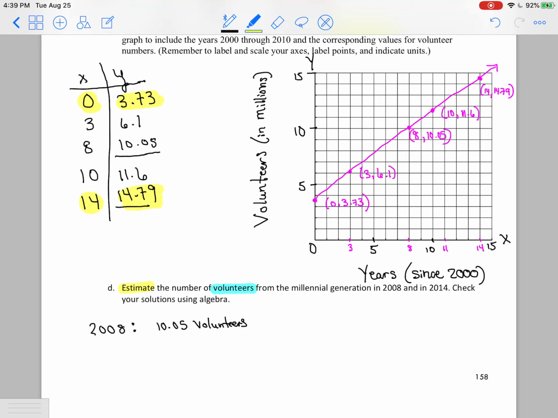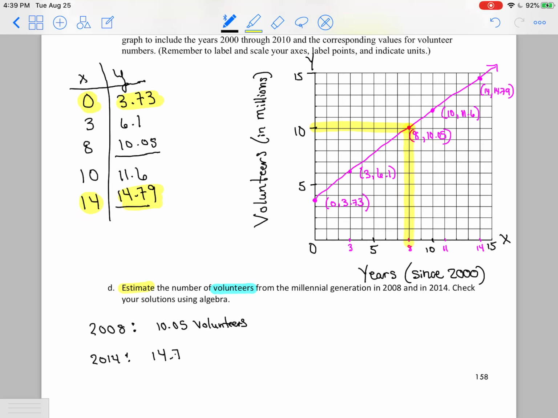And let's check it out, make sure that that was about right, 2008. I mean, obviously, if we didn't know that and we had followed this up, we would have probably guessed or estimated about 10 million, right? It's hard to guess a 0.05, but we would have taken a pretty close guess there, and it also proves that our graph is good.